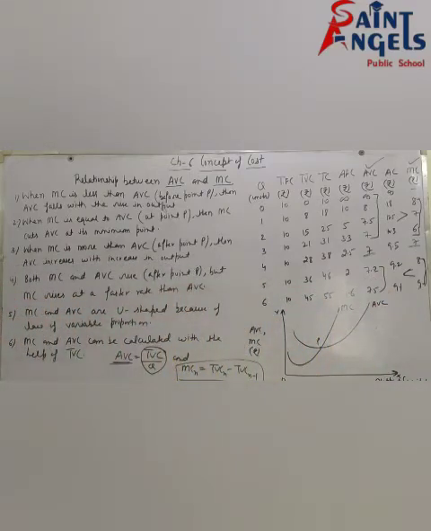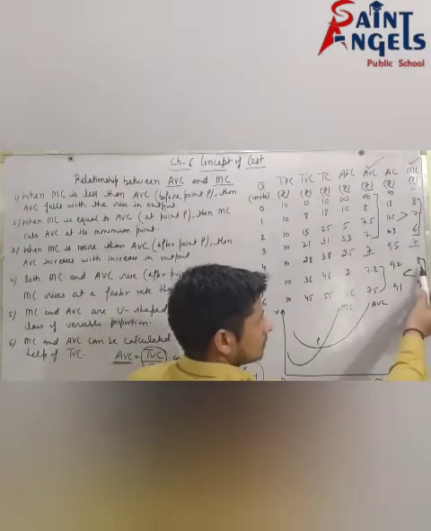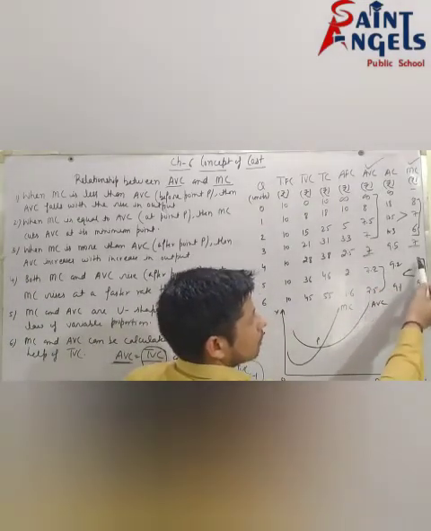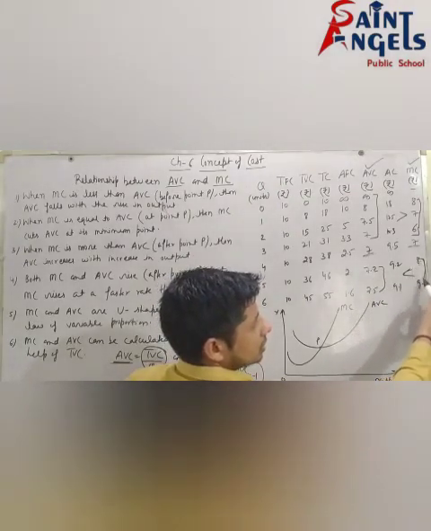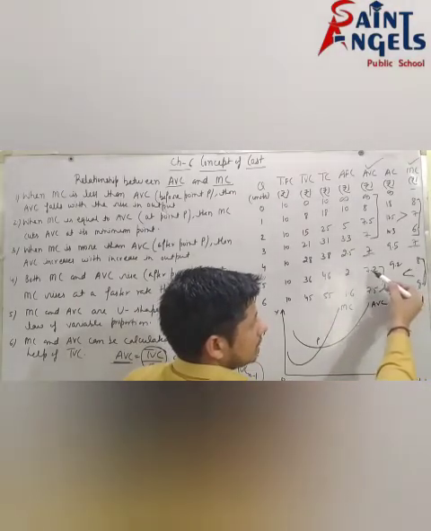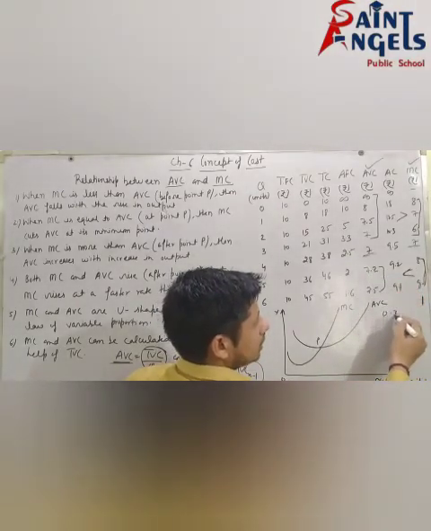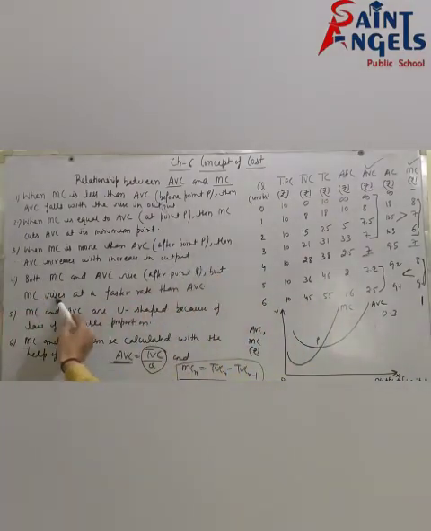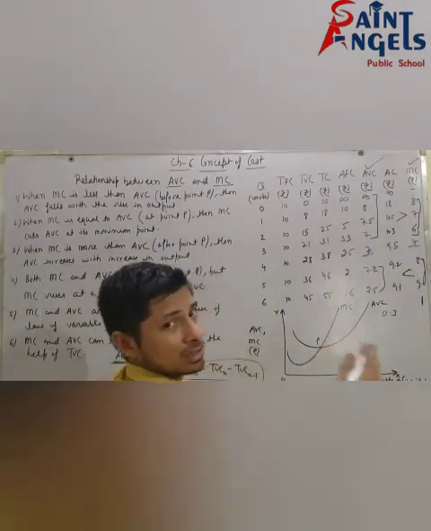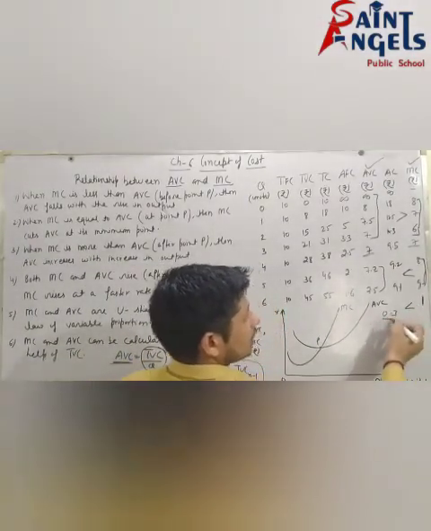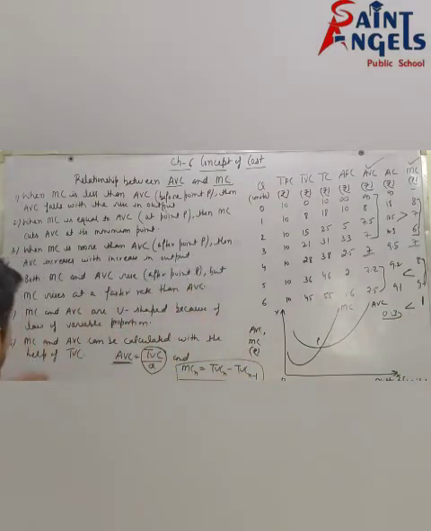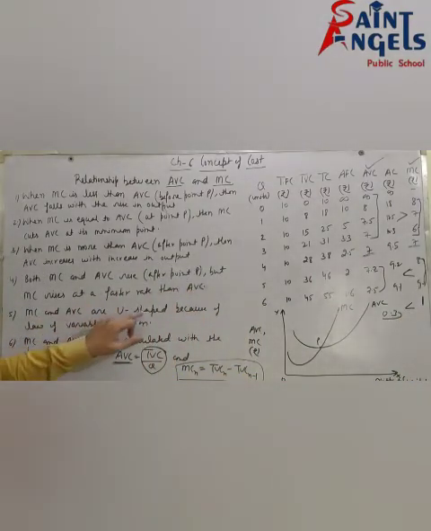I hope all of you have understood this point. Both MC and AVC rise, but see the change here, 1, and the change here, 0.3. Then MC rises at a faster rate. Rate means change. So MC rises at a faster rate than AVC. See next. MC and AVC are U-shaped.